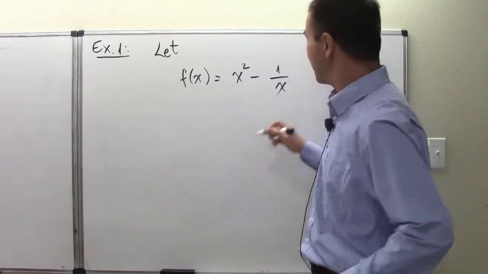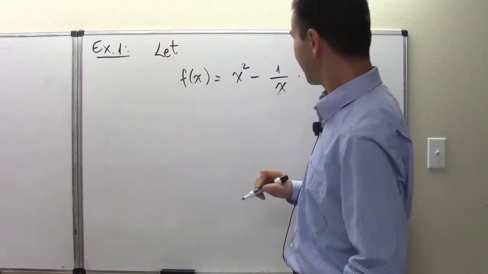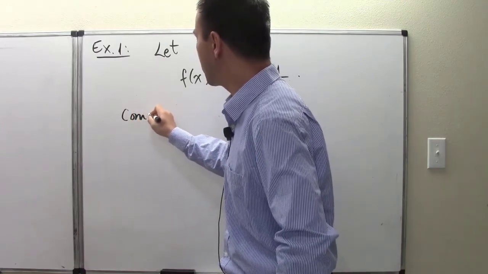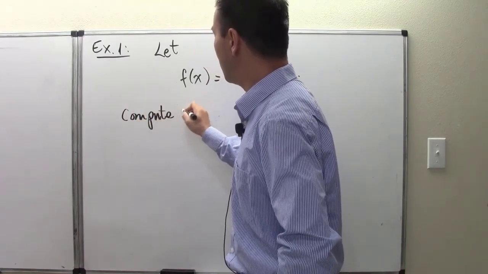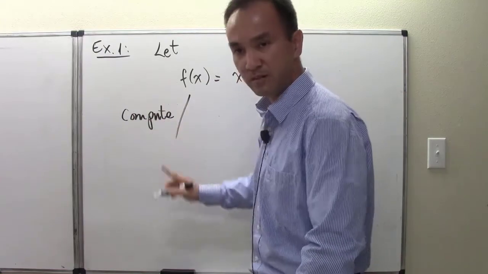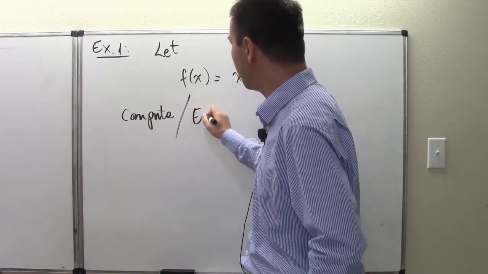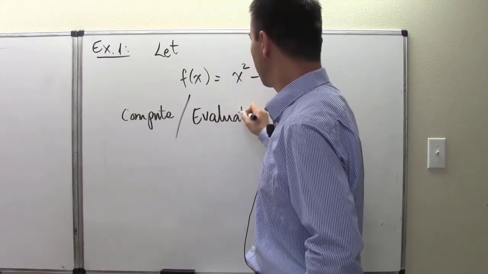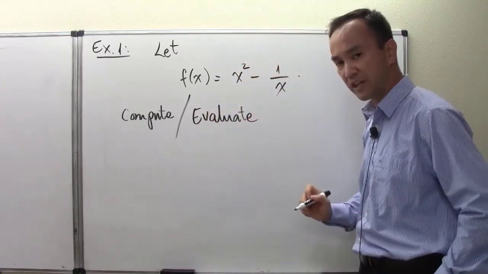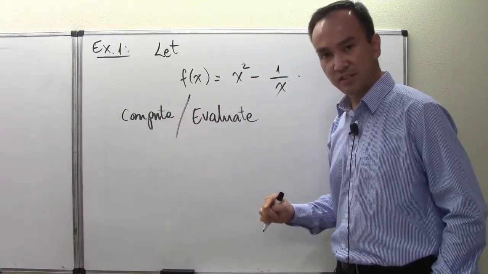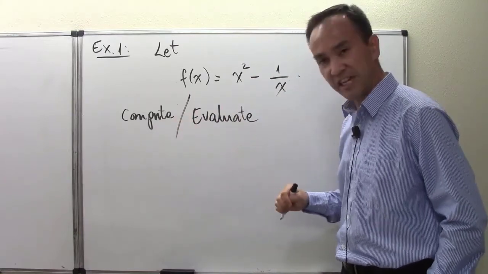Once we have that function given, we want to compute. Here I'm using the term compute, but in some other textbooks we might use the term evaluate. So compute or evaluate, different words used throughout the different textbooks out there.